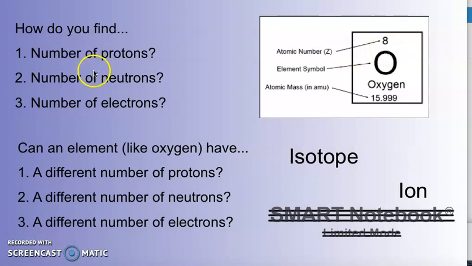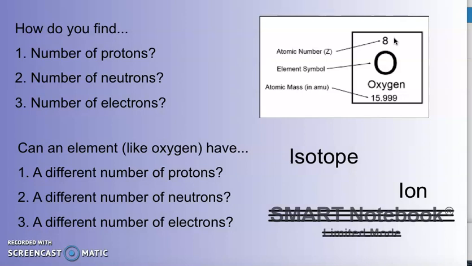So, can an element like oxygen have a different number of protons? No. Whatever the number says on top of the element is going to be the number of protons it has. If it has a different number, it's not oxygen. It is something else. The protons determine what it is on the periodic table.